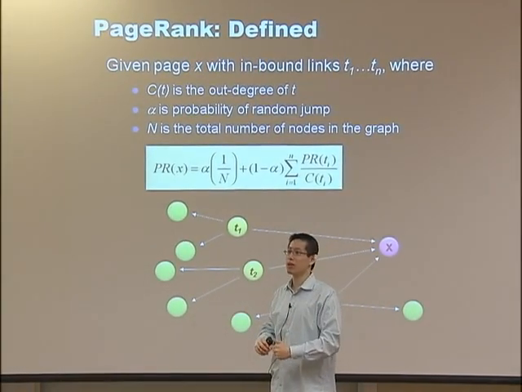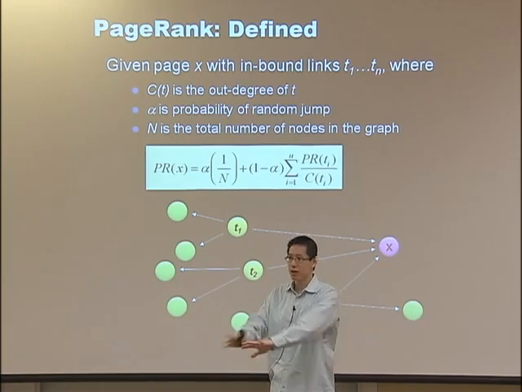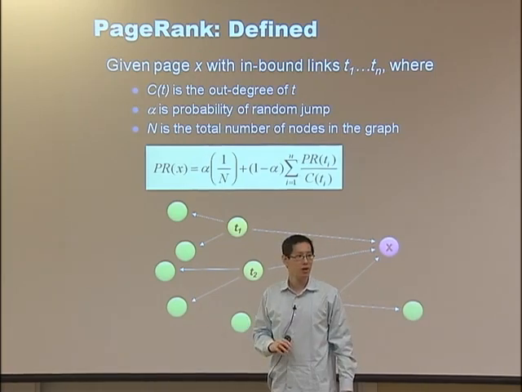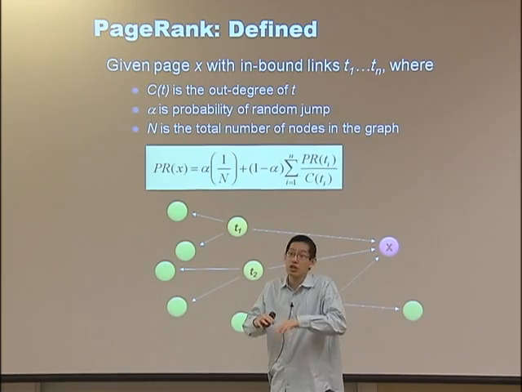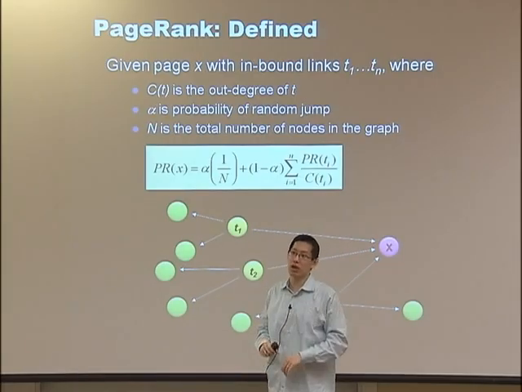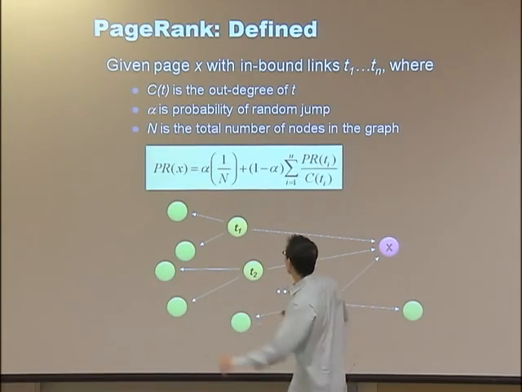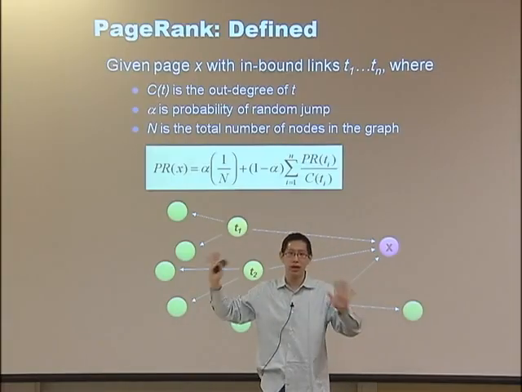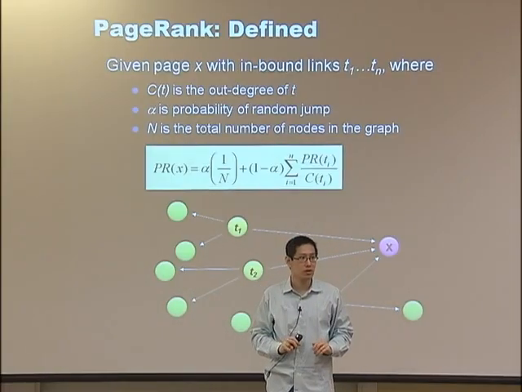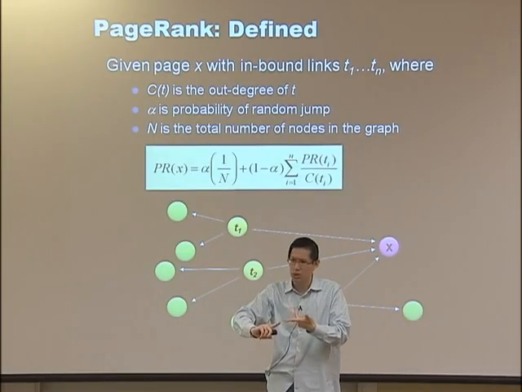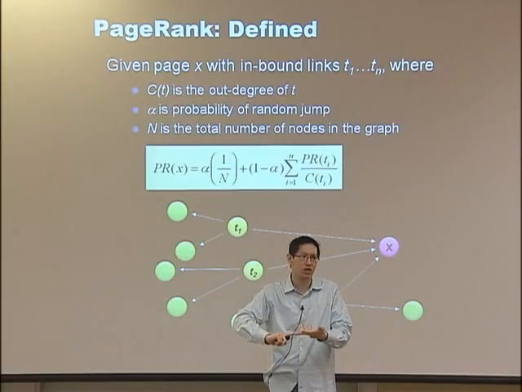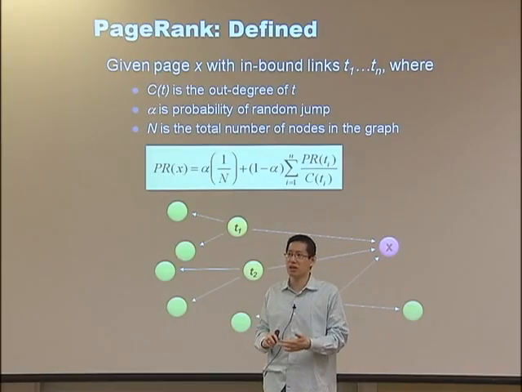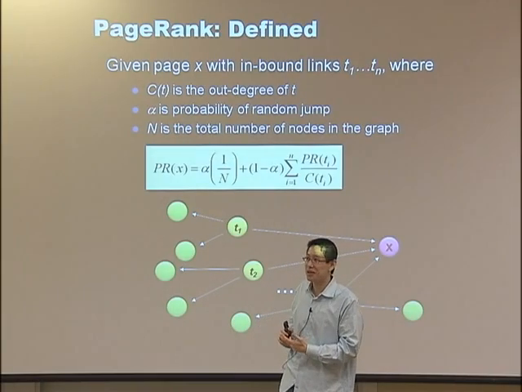For some other probability, he's going to type in a random URL, and essentially teleport around the web. This is called the teleportation factor. Basically, alpha and 1 minus alpha are controlling those two factors. It's sometimes called the teleportation factor, random jump factor, or the damping factor, if you want to sound more scientific.